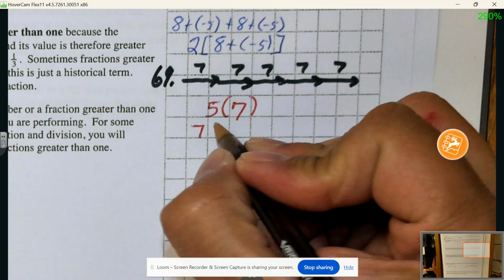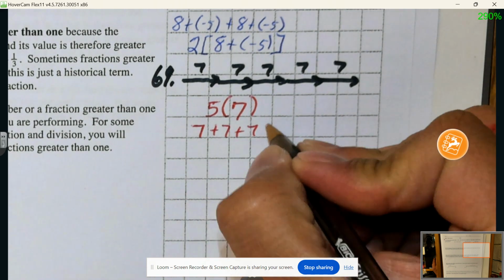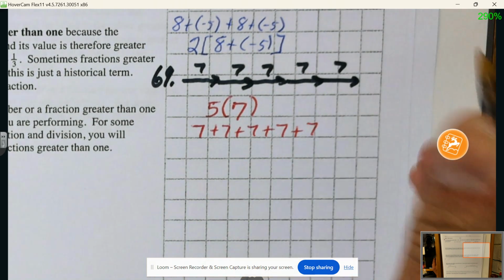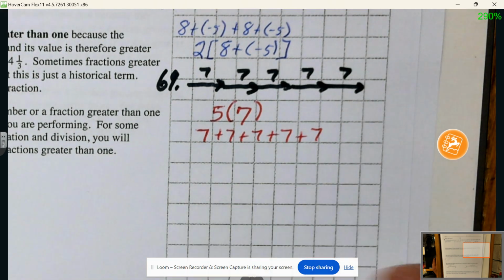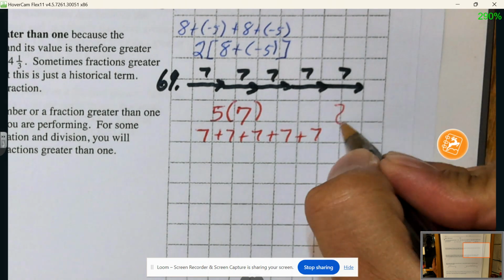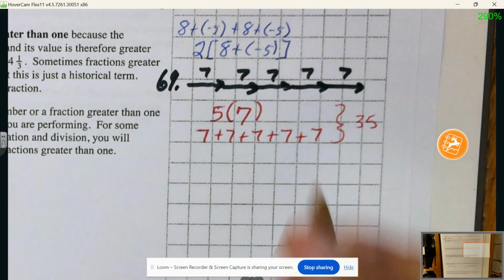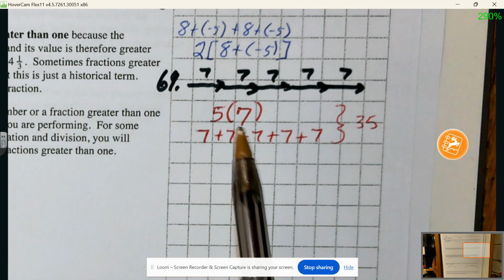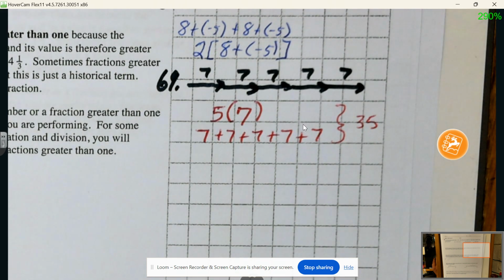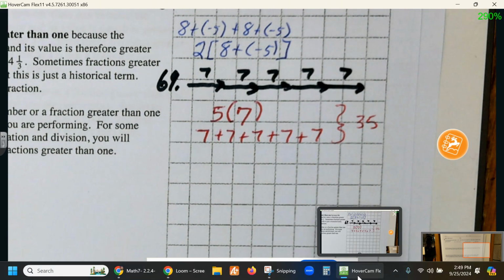So both of these are numerical expressions that would show this. Okay, so that's 35 and that's 35. So that gives them a distance of 35. So both of these will give the same result. Okay, so we're looking at the repeated addition and the multiplication as two different expressions.